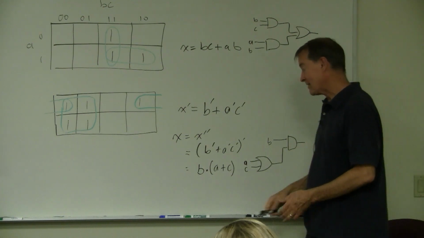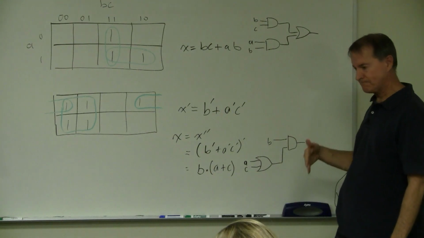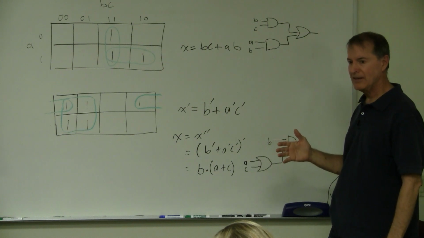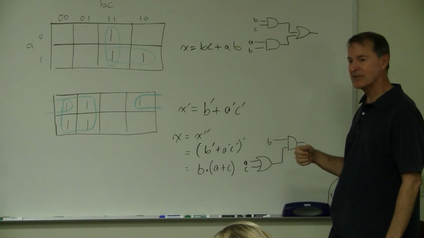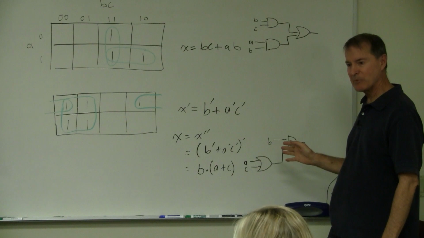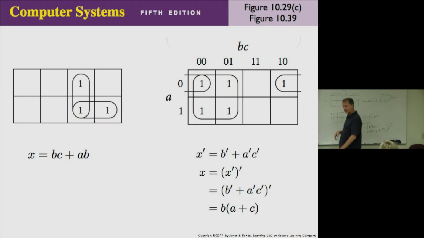So actually, this illustrates a fact that to do all of these problems 100% thoroughly, you would actually have to minimize both the and or and the or and implementation, because one of them might be better than the other. Okay, so here's figure 10.29c and 10.39 shows this, and here's what we just did.